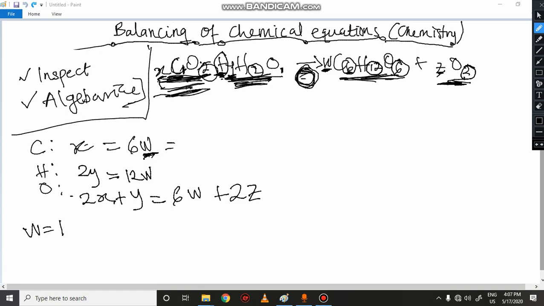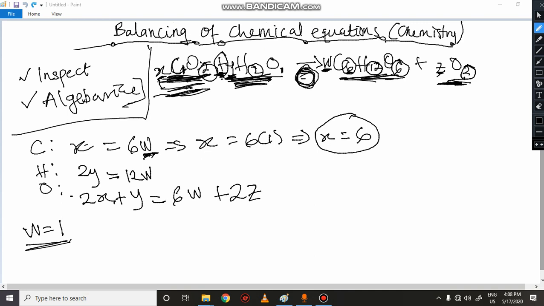Then this means that x will be equal to 6 times 1. So therefore x will be equal to 6. Okay, so you can have x equals 6. So let's move to the other one. If we chose W to be 1, then in the second equation you get 2y equals 12 times W. So W, let's just insert 1 there.